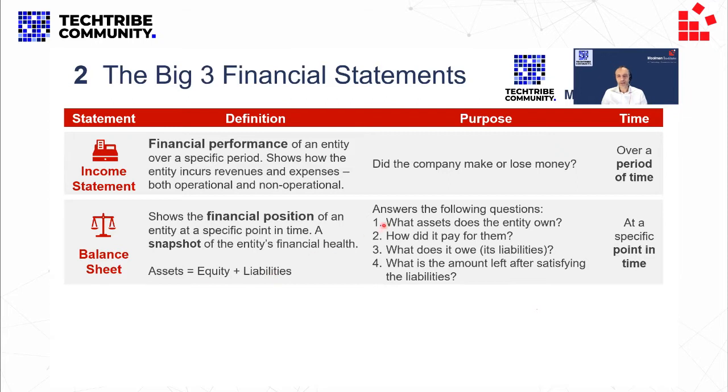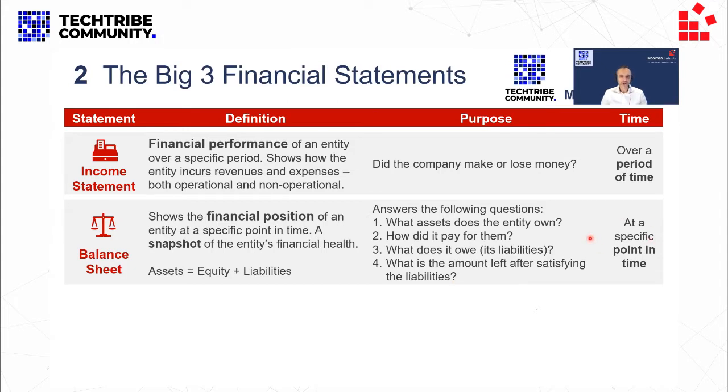And from the balance sheet, you can glean quite a few things. It answers a set of questions, including what assets does the entity own? How did it pay for those assets? What money does it owe, its liabilities, and what is the amount left after satisfying those liabilities? And as I said earlier, the balance sheet is really at a specific point in time.